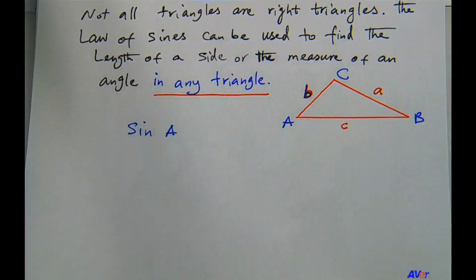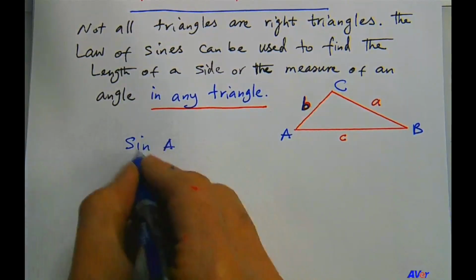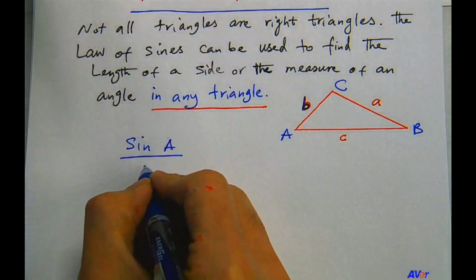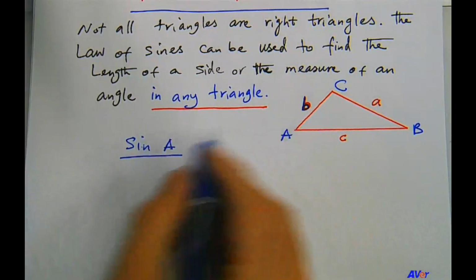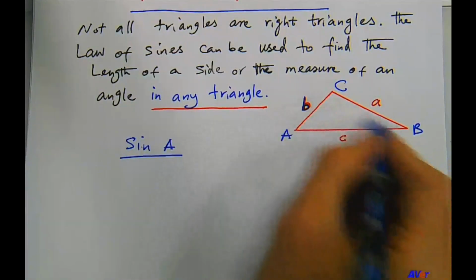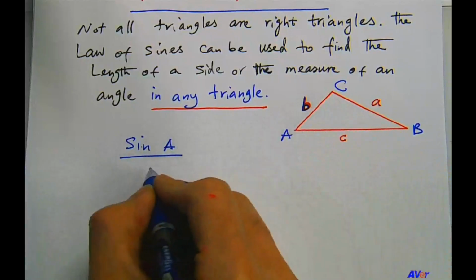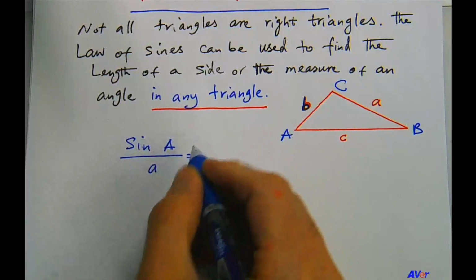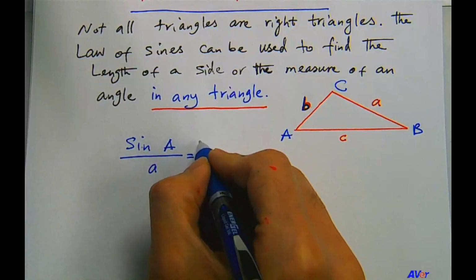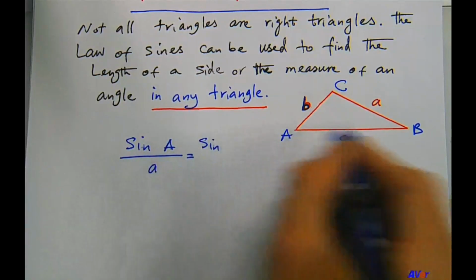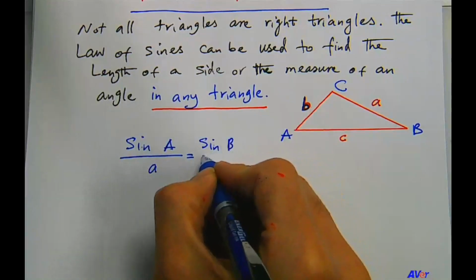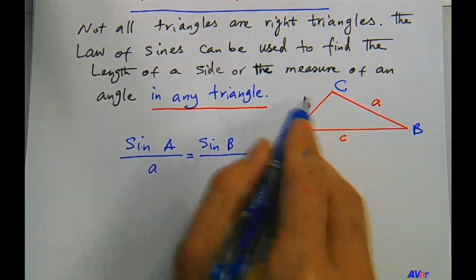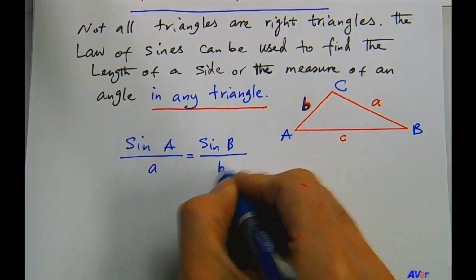So given a triangle like this, the sine of A divided by the length of the side opposite to that angle, side a, that ratio is equal to the ratio of sine of angle B divided by the length opposite to that angle, side b.